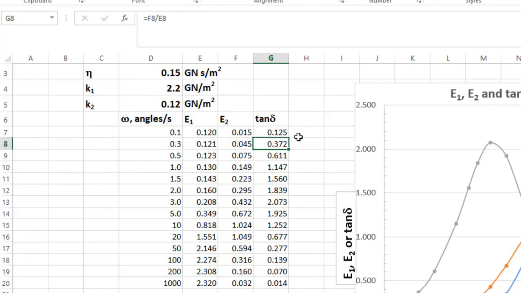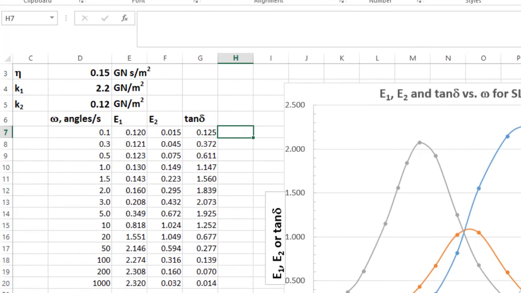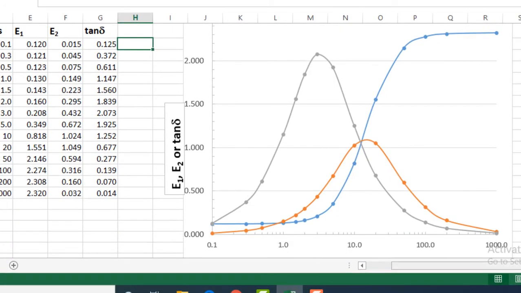This is how we can find out E1, E2 and tan delta. And for now we can write different values of omega 0.1, 0.3, 0.5 all the way up to 1000, and we can similarly calculate all the values of E1, E2, tan delta. We have created the data here, and now we will plot these curves.